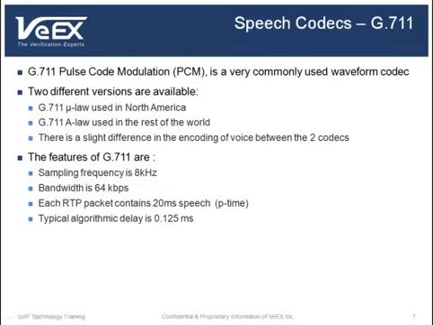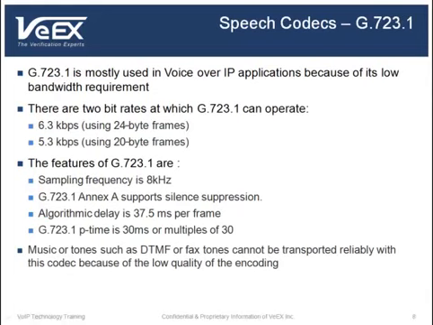G711 has a sampling frequency of 8 kHz and a bandwidth of 64 kilobits per second. Each RTP packet contains 20 milliseconds of speech, which is its packetization time, or P time. The typical algorithmic delay for G711 is 0.125 milliseconds. Algorithmic delay is the time it takes to encode the speech with the codec.